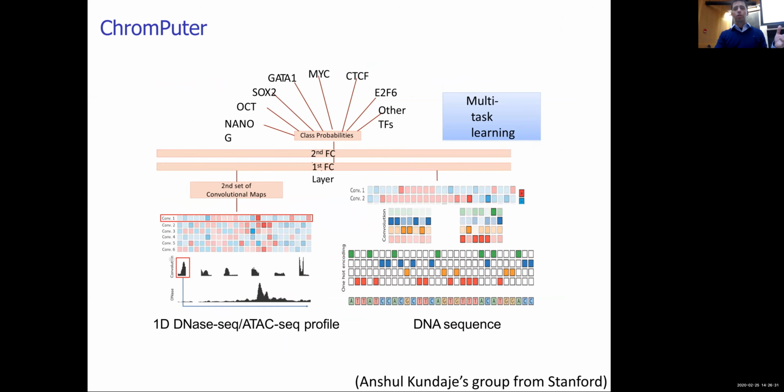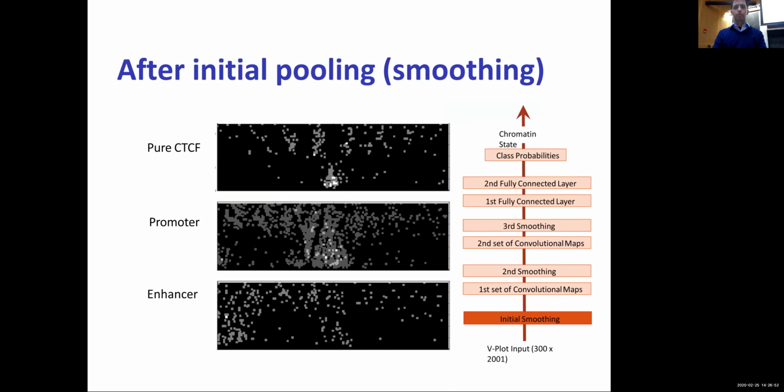And then there is a model that was recently developed by Anshul Kundaje's group. What they're trying to predict is not multitask across different cell types, but multitask across different transcription factor binding events. The idea is that you're going to be reusing your motifs, your learned convolutional filters, across many tasks simultaneously.